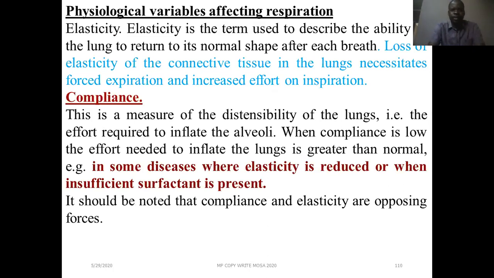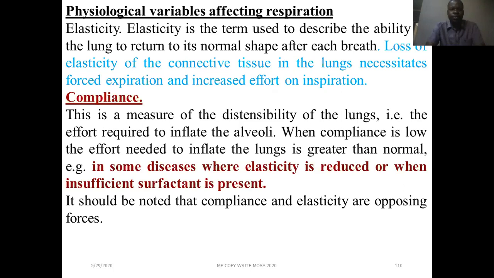Elasticity. Elasticity is the term used to describe the ability of the lungs to retain their normal shape after each breath. Loss of elasticity of the connective tissue in the lungs necessitates forced expiration and increased effort on inspiration.